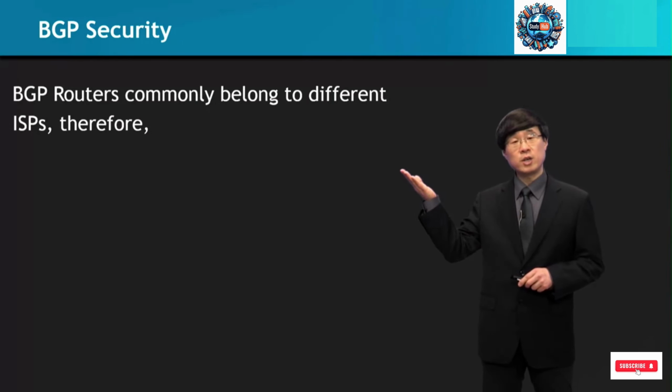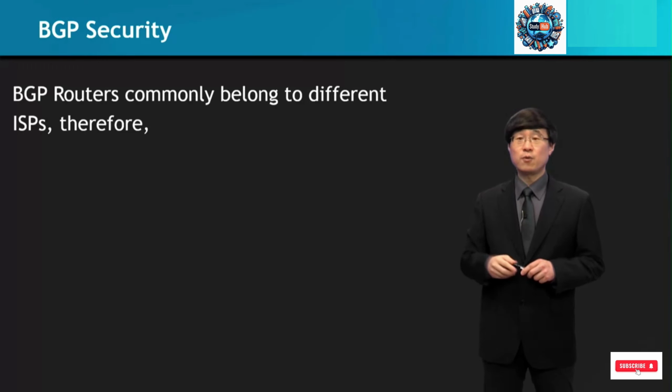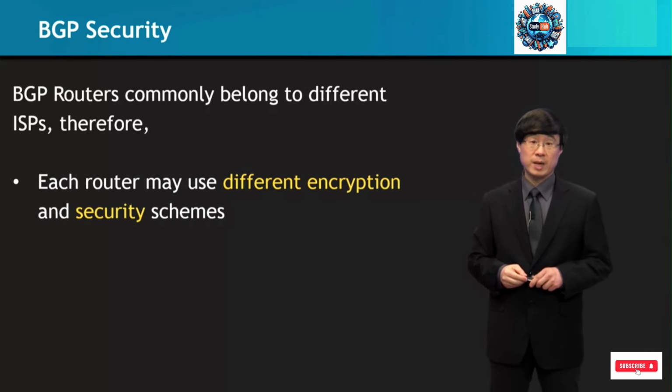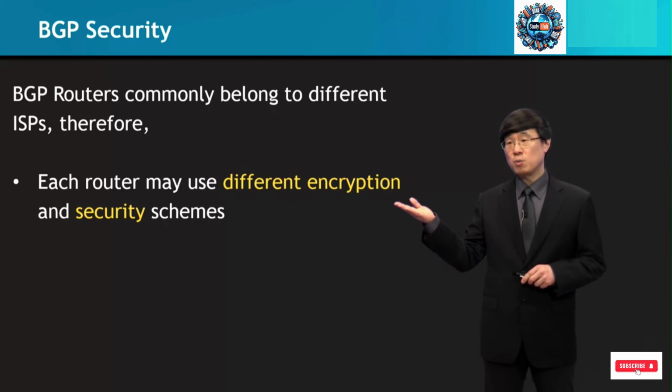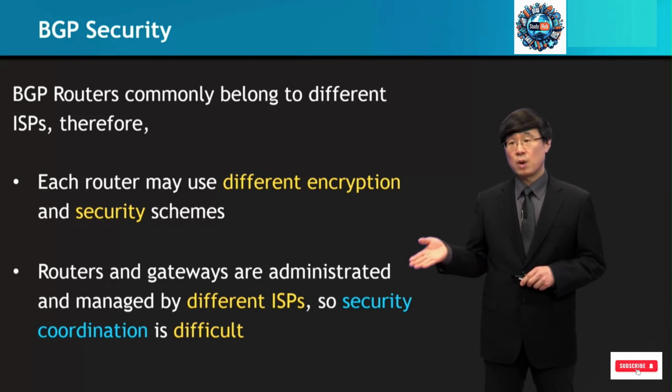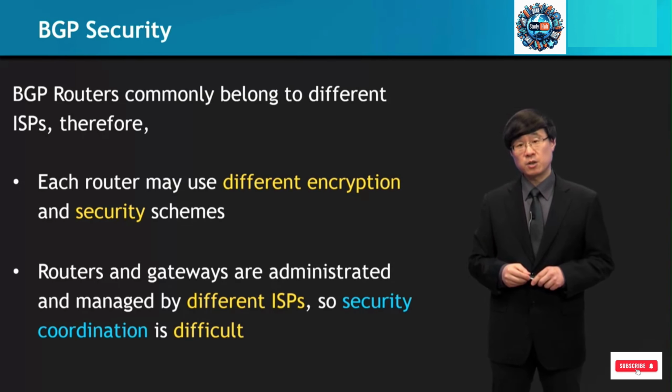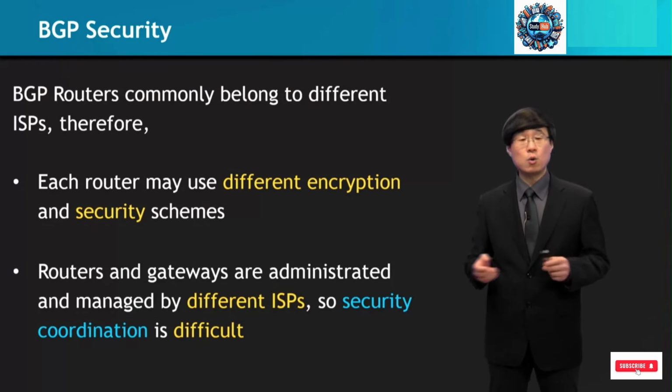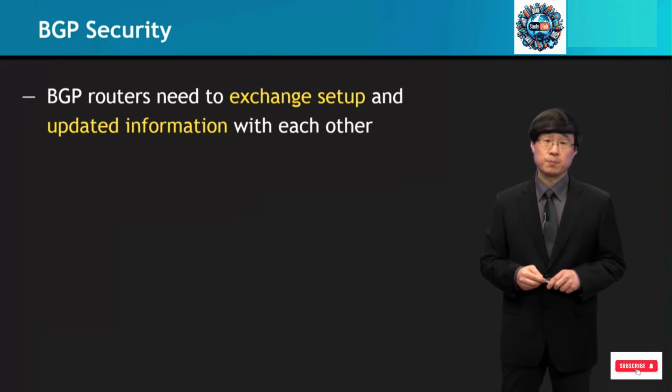Now, BGP security is an issue because BGP routers commonly belong to different internet service providers, and therefore, each router may use a different encryption and security scheme. Routers and gateways are administered and managed by different internet service providers, so security coordination may be difficult.